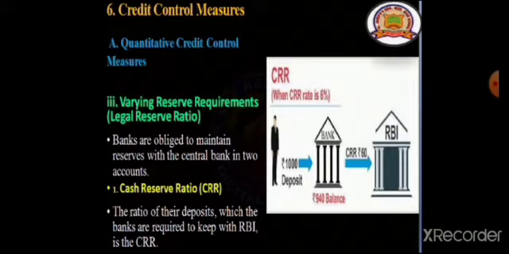The first is known as cash reserve ratio, and the second is known as statutory liquidity ratio. This may be asked in your examination for the expansion also, for 1 mark. CRR or SLR. CRR means cash reserve ratio, SLR means statutory liquidity ratio.